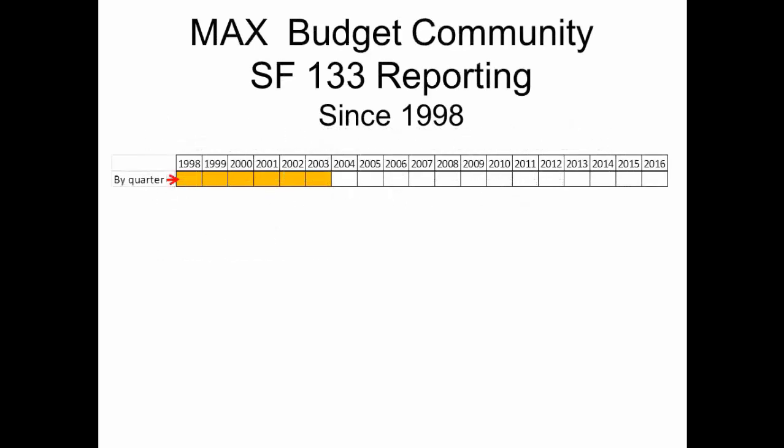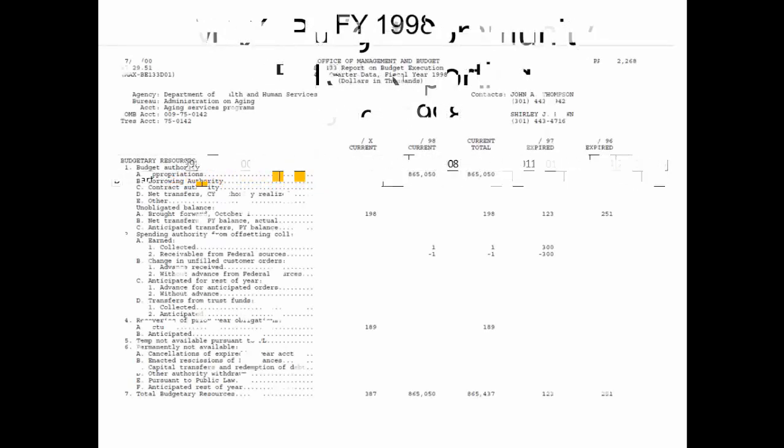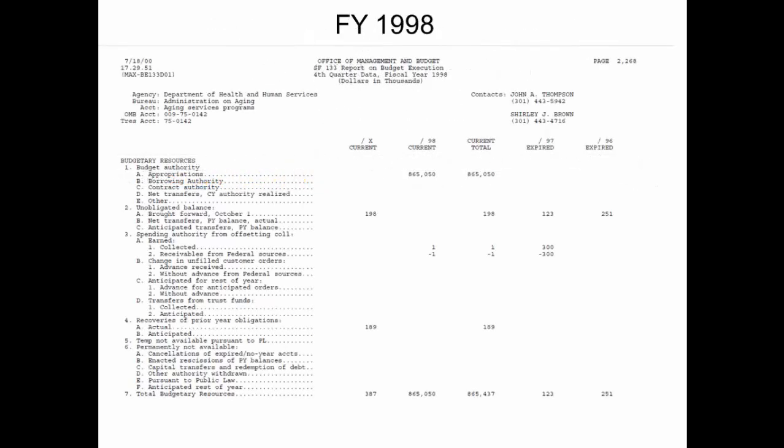From 1998 to 2003, note that each SF133 reported on only 1 quarter at a time, but combined all periods of availability in a single report. The line numbering was quite different and simpler.